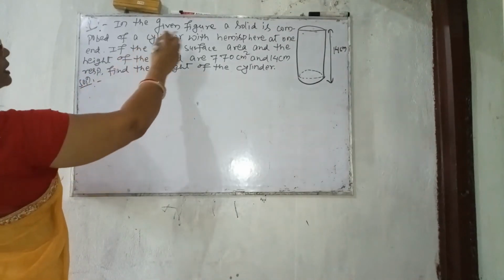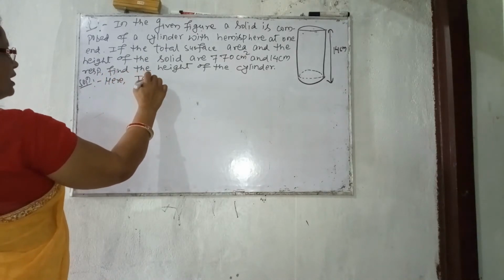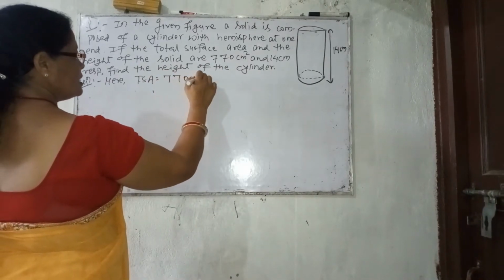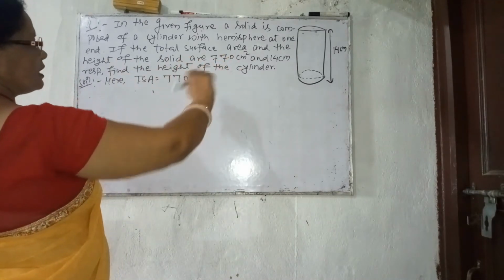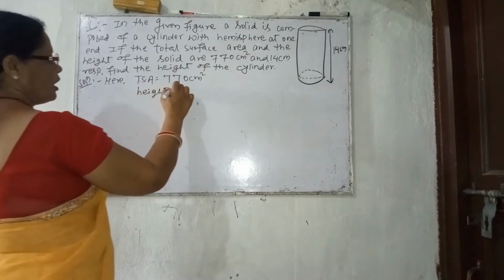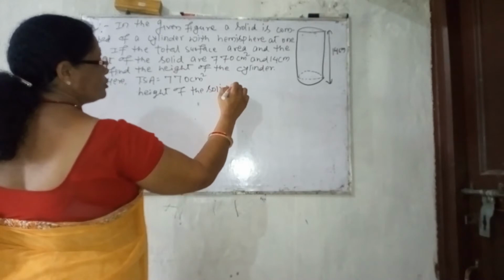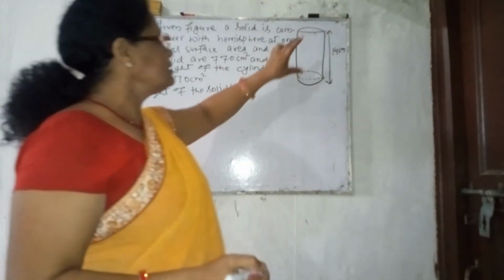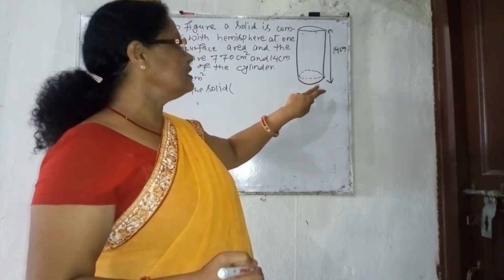In the solution, what is given? TSA is given as 770 cm square, and the total surface area and the height of the solid are given. The height of the solid means the height of the cylinder is given, and the hemisphere is at the end of this solid.